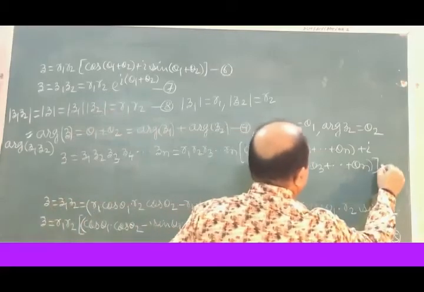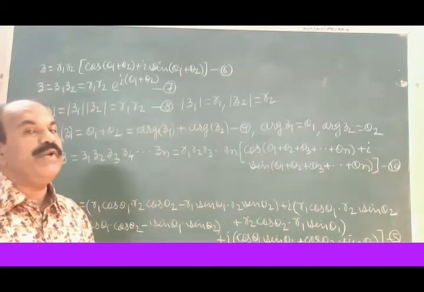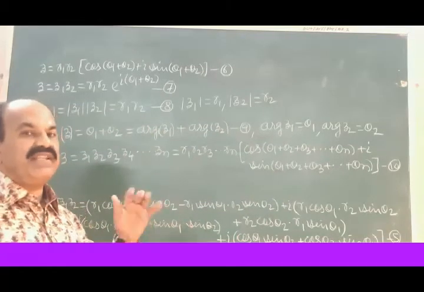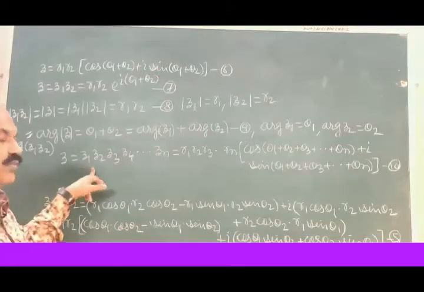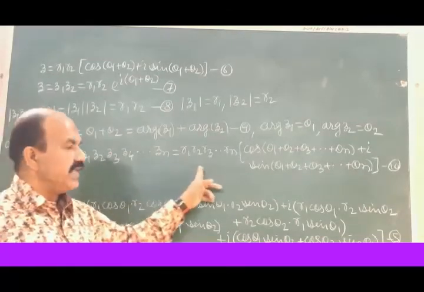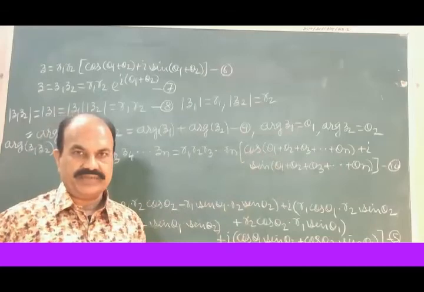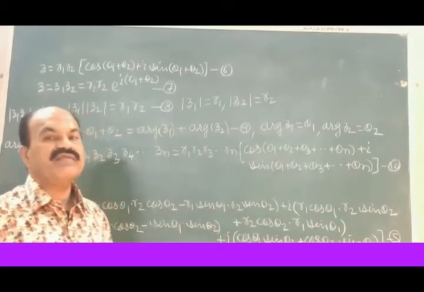Equation number 10. If we take product of n complex numbers, then we will have Z equal to this, and this is in polar form.